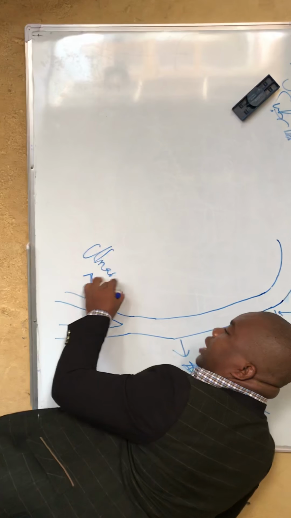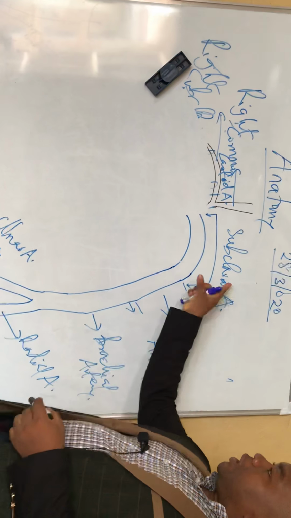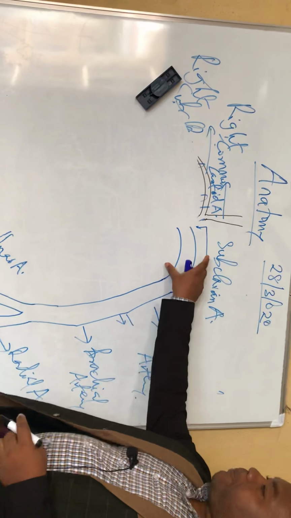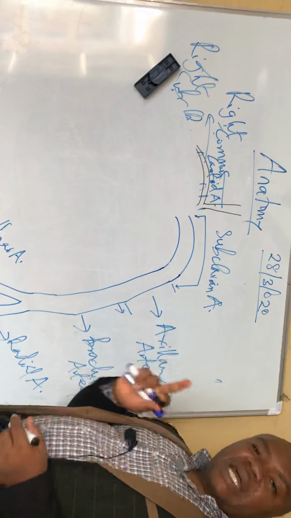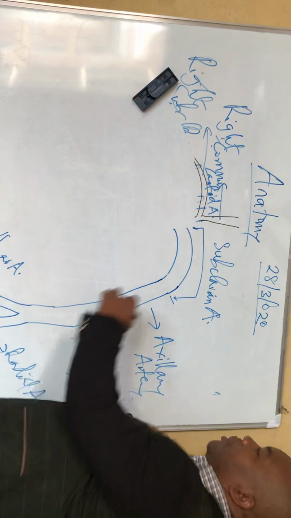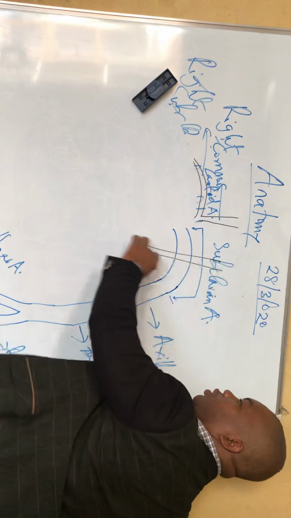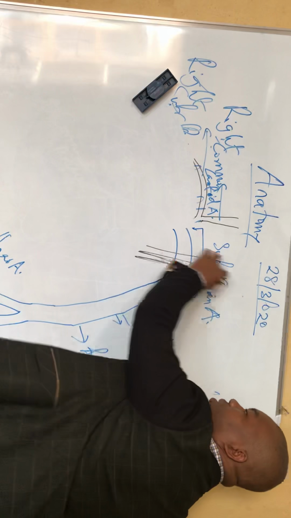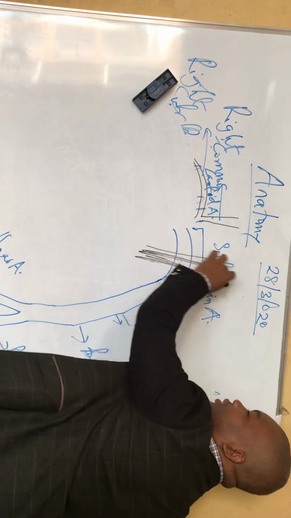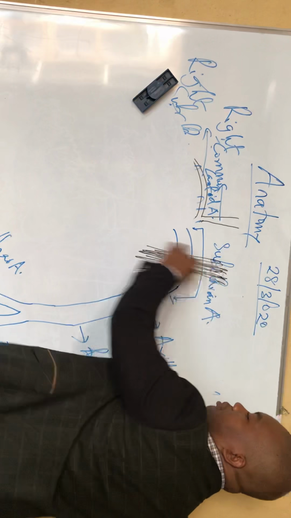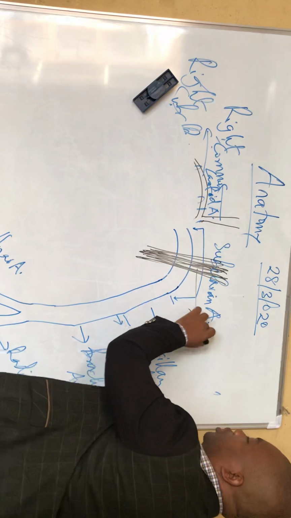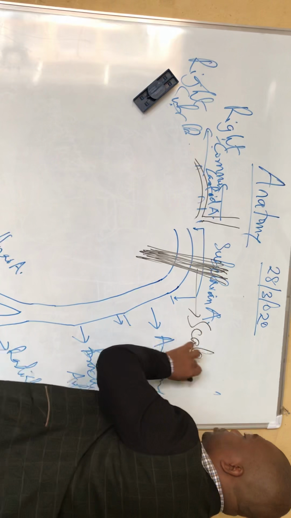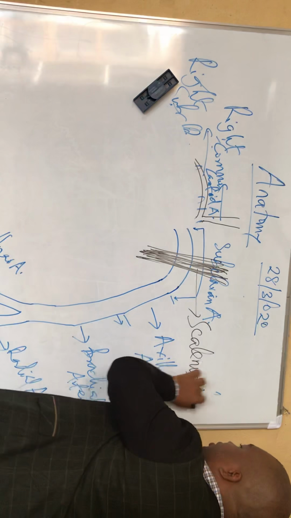But I want to point out something. The subclavian artery has three parts, as a result of a muscle that crosses it, the scalenus anterior.